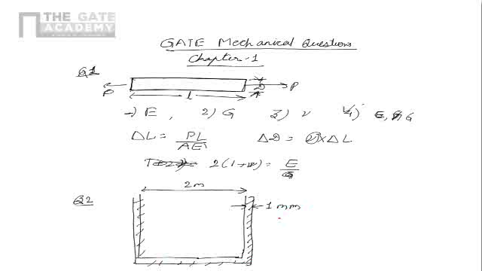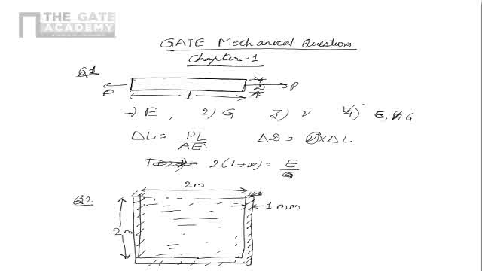It has water up to a depth of 2 meters. Let's say this height is 2 meters, and this is filled with water, and it is suspended along its upper rim. So it is fixed to, let's say, the ceiling or something.